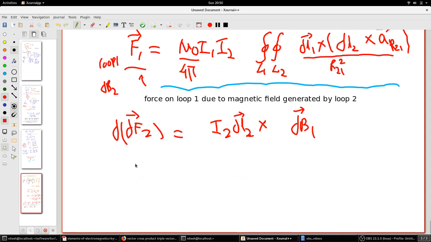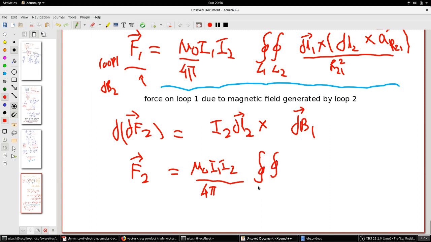So if we solve it, it will turn out that F2 will be equal to the same scalar quantities, mu0 I1 I2 upon 4 pi, and you will have a double integral.